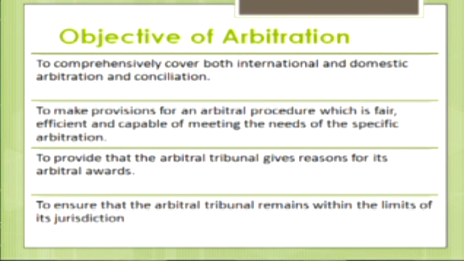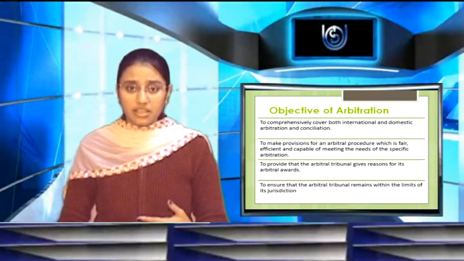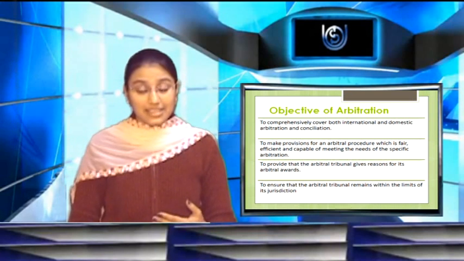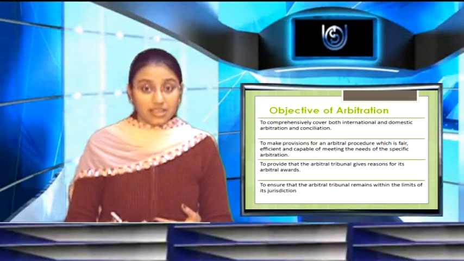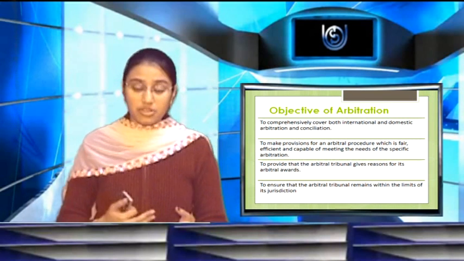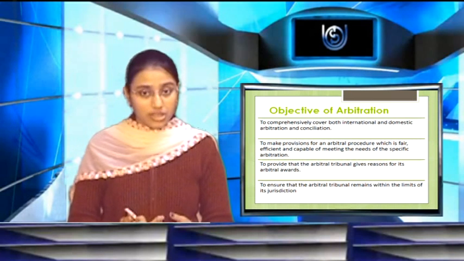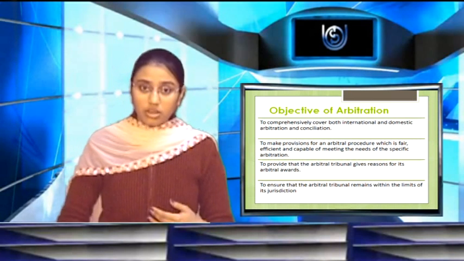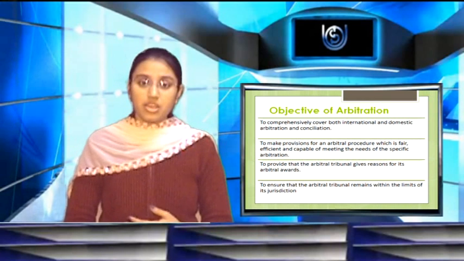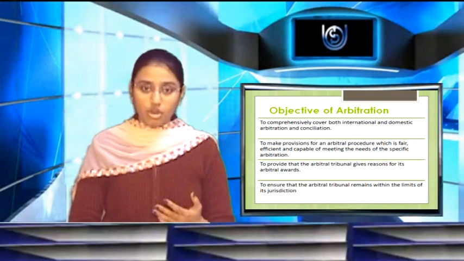It should provide the arbitral tribunal a good reason for awarding. If you are awarding something, there must be a good reason for that. At the same time, ensure that it is within the limit of the jurisdiction, that means whatever decision or award is given will be under law with proper reasoning. So that comes into the objectives.